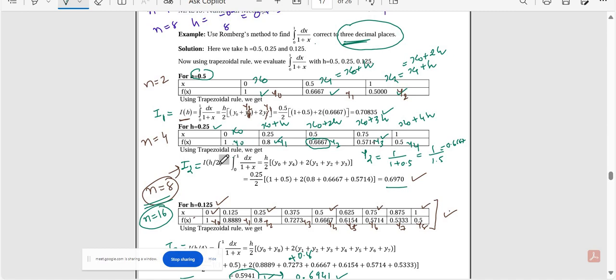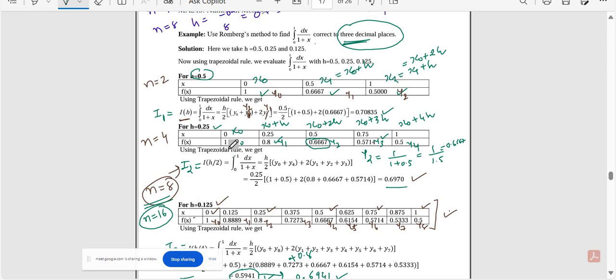Because if I split 0 to 1 into 2 parts, that is 0 to 0.5, 0.5 to 1, it is easy to understand. But if you split into 3 parts, then 0.3, 0.6, 0.9, and you will not get exactly 1. So that's why we go for even numbers of n.